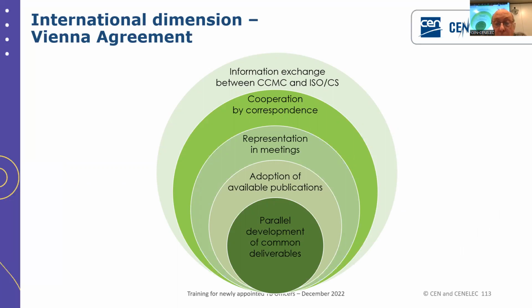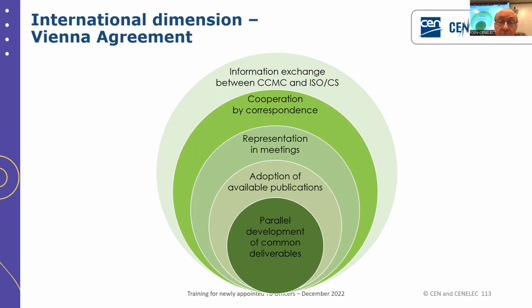The smallest circle, which is of course the most important and most affecting your work, is the parallel development of a common deliverable. So it is the work where ISO and CEN work on the same document, and they do it in parallel. The second layer is more an adoption of an available publication. It means that after the ISO publication, CEN will take over an existing published ISO standard.